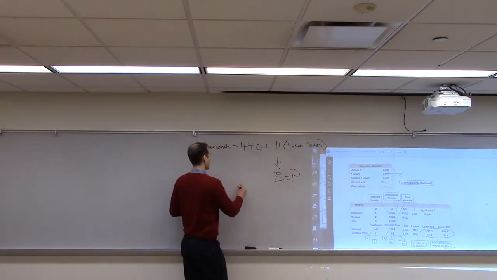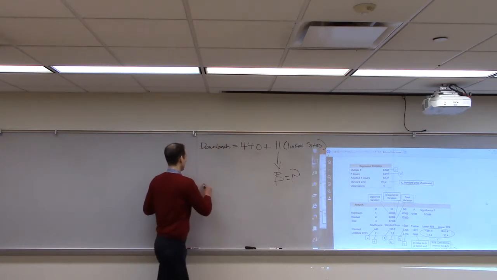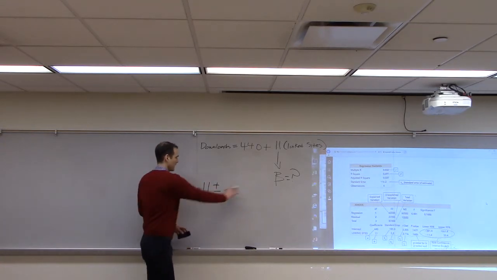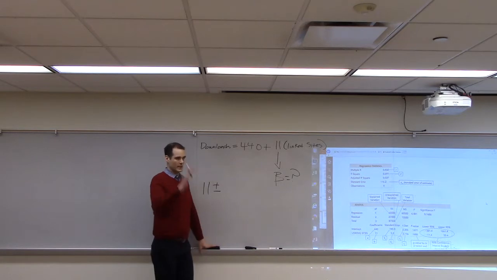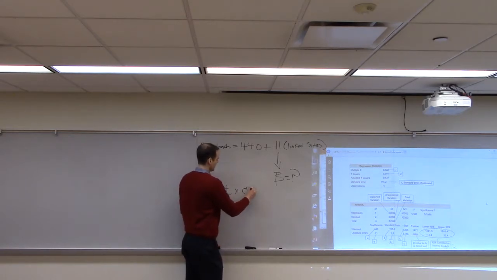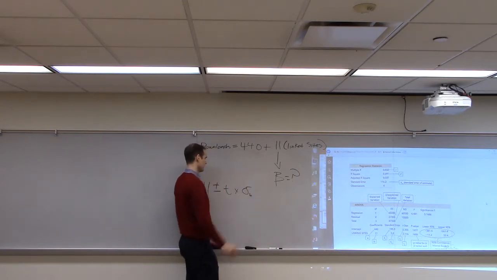Alright, so for my confidence interval, I'm going to go 11 plus or minus some amount. What are the two components in my confidence interval, plus or minus what? The t, yes. The t times the standard error, the standard deviation of the sampling distribution of the sample slope.